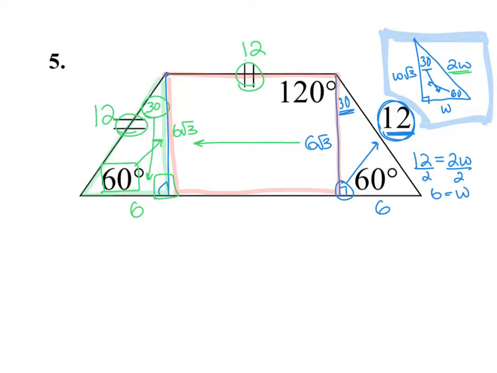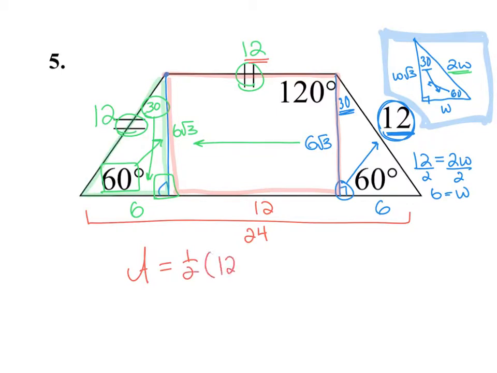And so if the top is 12, that means this is 12. So now let's do a little addition here. 6 plus 6 is 12, plus that 12 is 24. And now I think we have enough. The area of this trapezoid is 1/2 of base 1 plus base 2 times the height, which was 6 root 3.